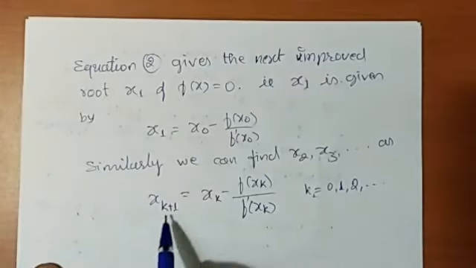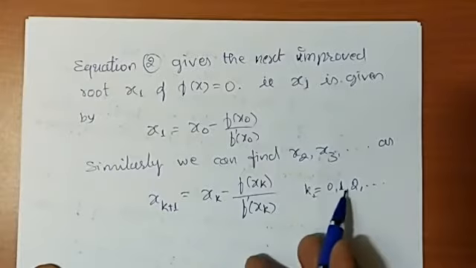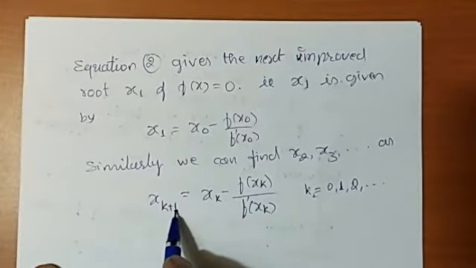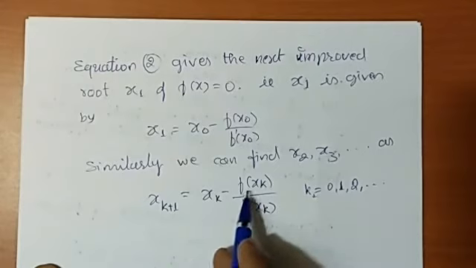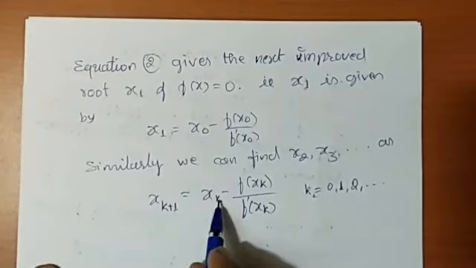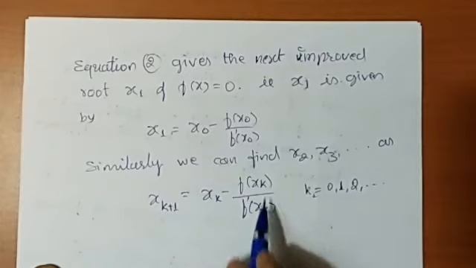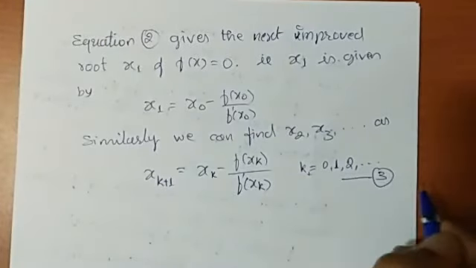If I put k is equal to 0, I get x1. If I put k is equal to 1, I get x2 is equal to x1 minus f of x1 over f dash of x1. If I put k is equal to 2, I get x3 is equal to x2 minus f of x2 over f dash of x2, and so on. So I call this expression 3.